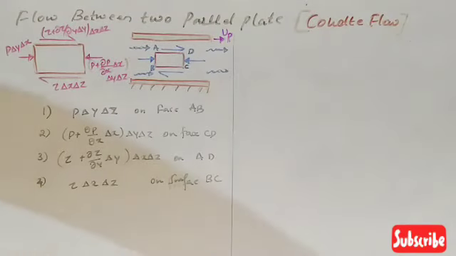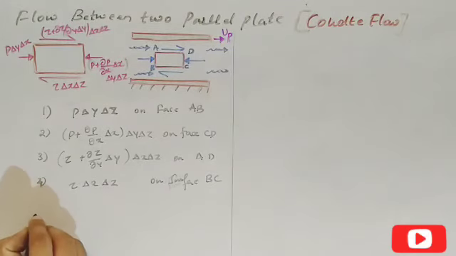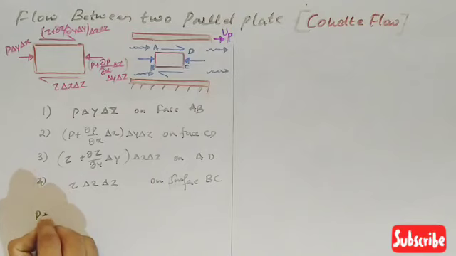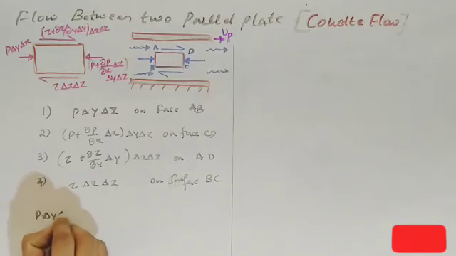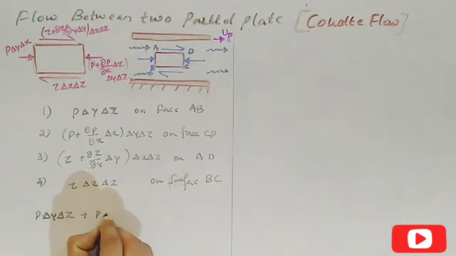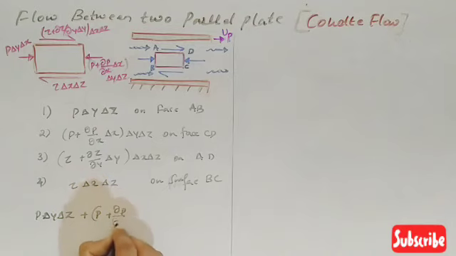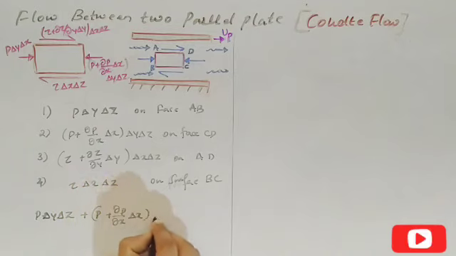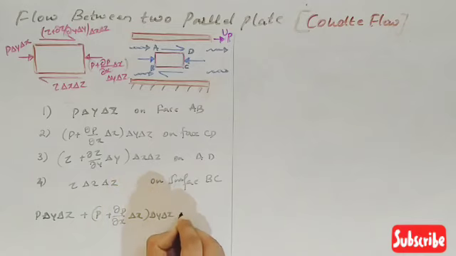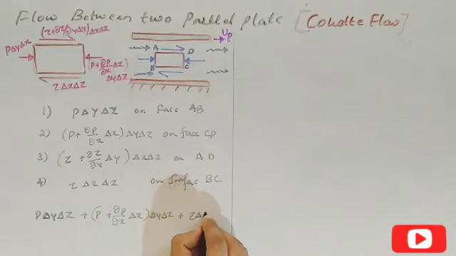Now we know that as there is no acceleration acting, so the net force will be equal to 0. So let us equate that equation, so that it will be P delta y delta z plus P plus dou P by dou x delta x delta y delta z plus, I'll just write, tau delta x.